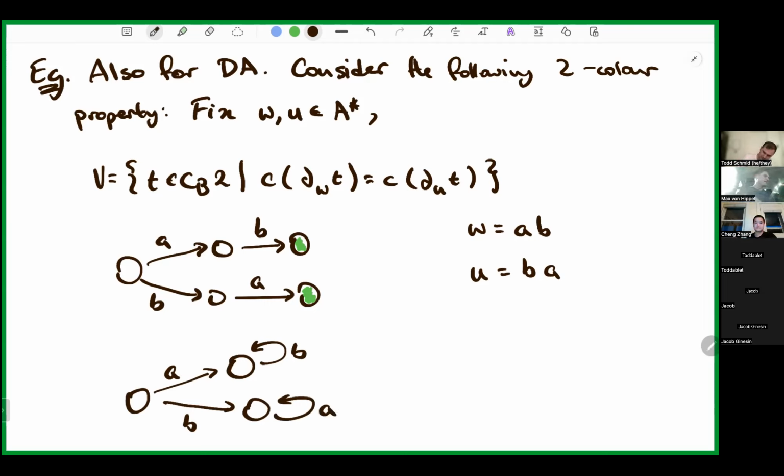If I unravel my DFA at this state, is there some way that I can color this DFA such that it doesn't satisfy the coequation?